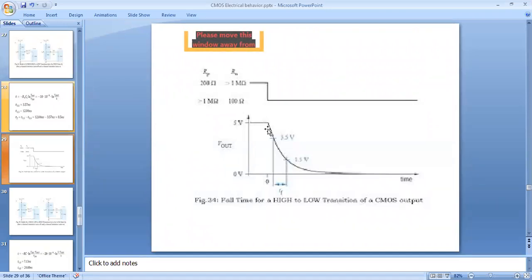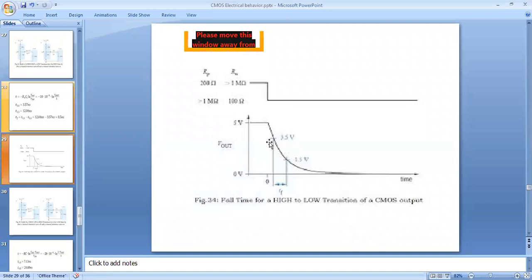The time constant tau is always considered as resistance and capacitance, R into C. But here in our circuit, V is the maximum voltage, which is 5 volts. We represented it as VCC or VDD. Since it is a FET component, we consider it as VDD. So now our expression is V out equal to VDD into e power minus t by Rn into CL.